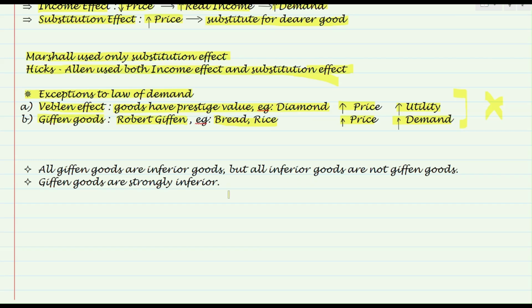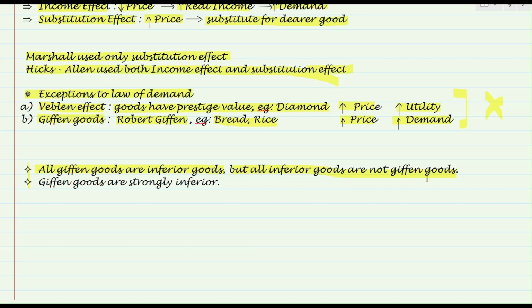Now, these two were asked, if I'm not wrong, in the CUET PG Economics exam in 2023. What it says is, all Giffen goods are inferior goods, but all inferior goods are not Giffen goods. So what does inferior good actually mean?